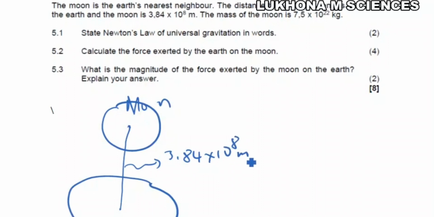The mass of the moon is given as 7,5 times 10 to the power 22. This is the mass of the moon, that is M.